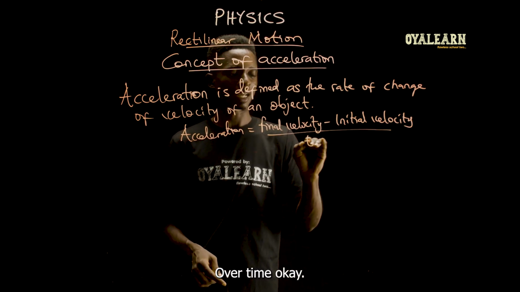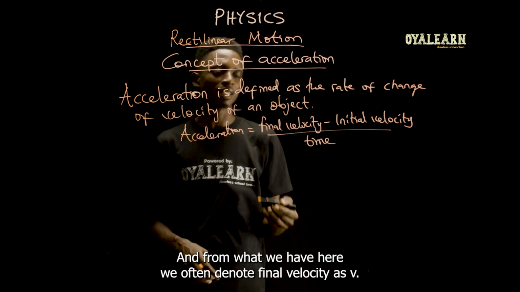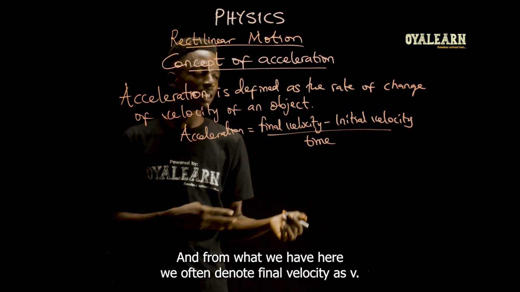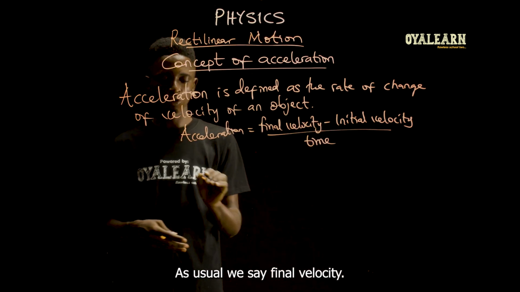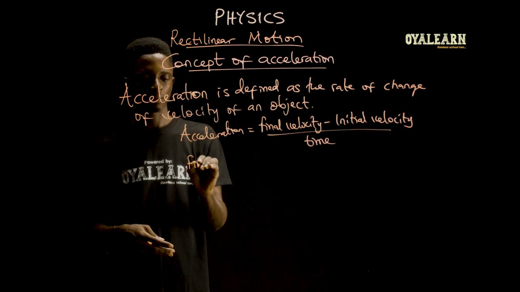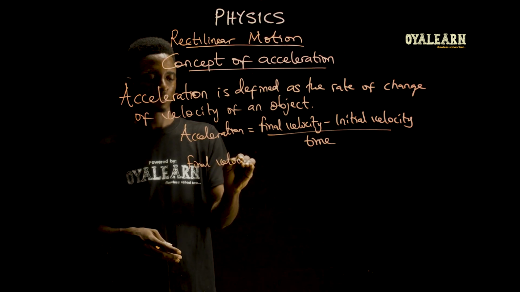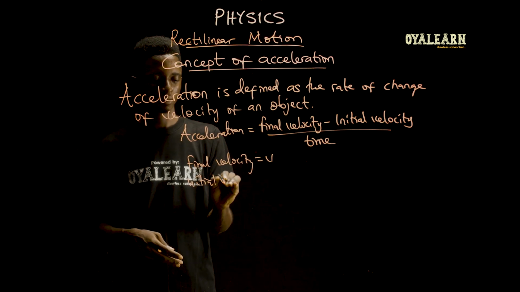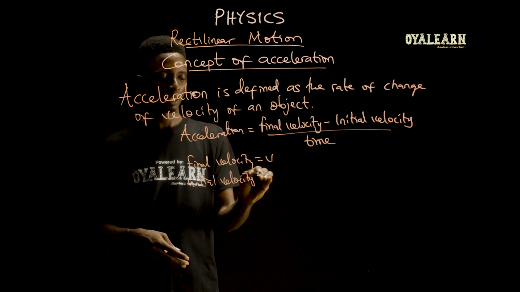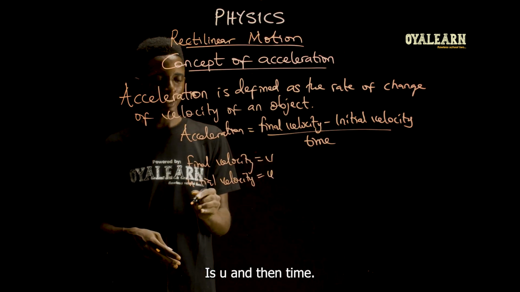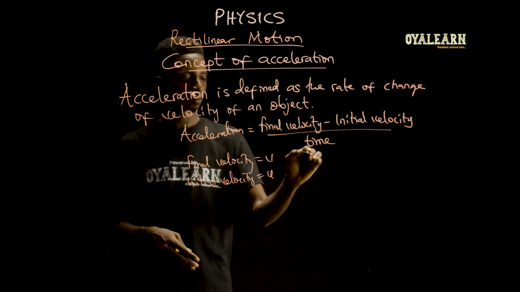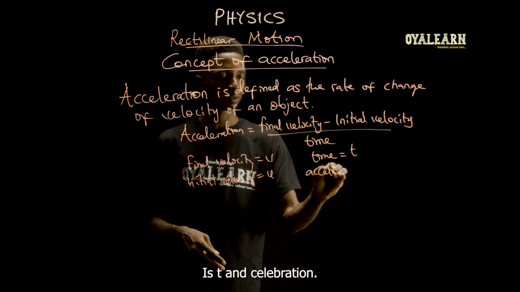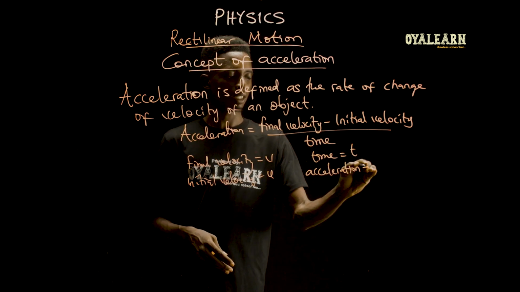over time. Okay, and from what we have here, we often denote final velocity as v and initial velocity as u. So we say final velocity is v, initial velocity is u, and then time is t, and acceleration is a.